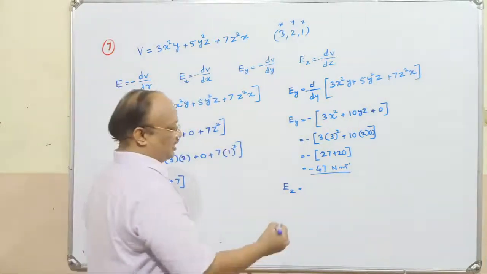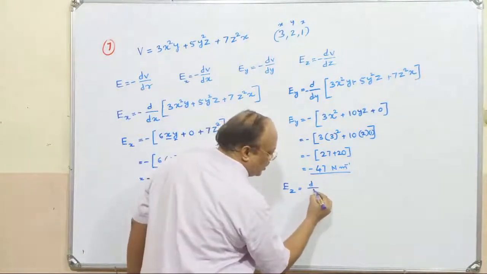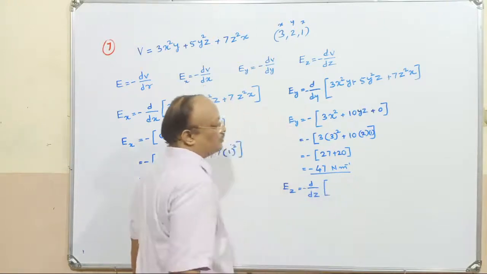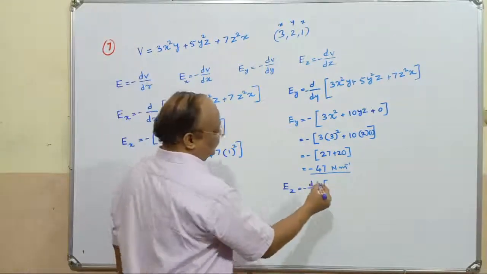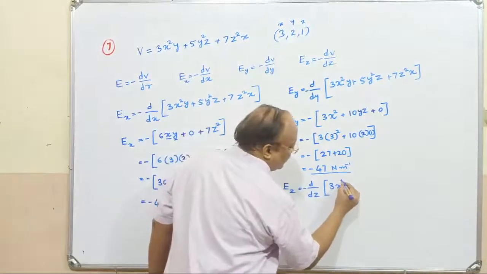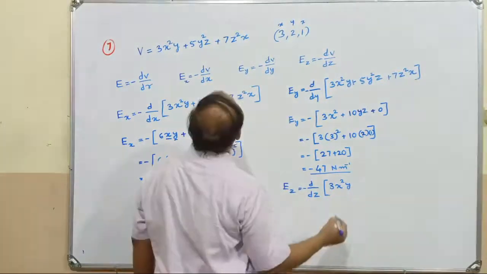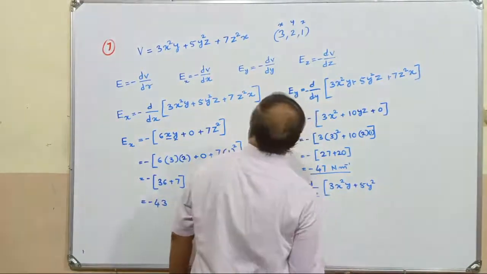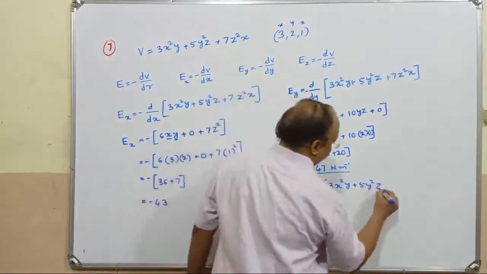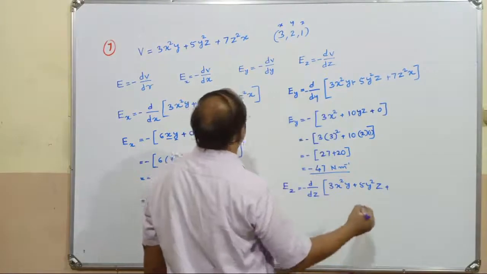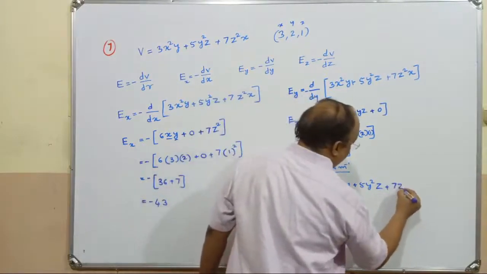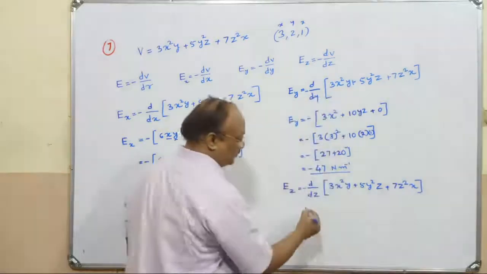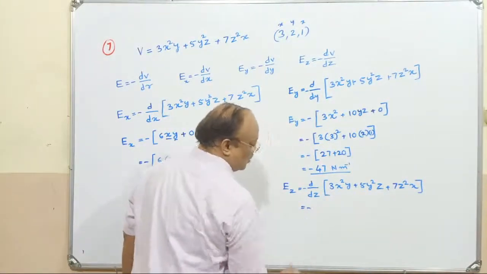Ez. So differentiation of 3x square y plus 5y square z plus 7z square x. So this is minus.